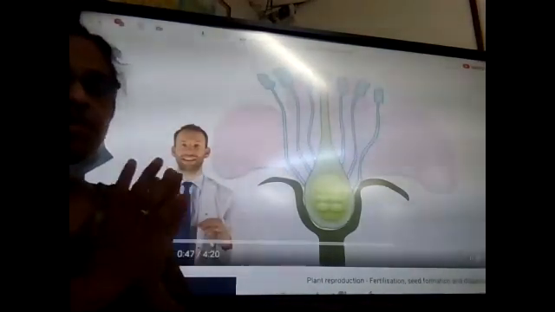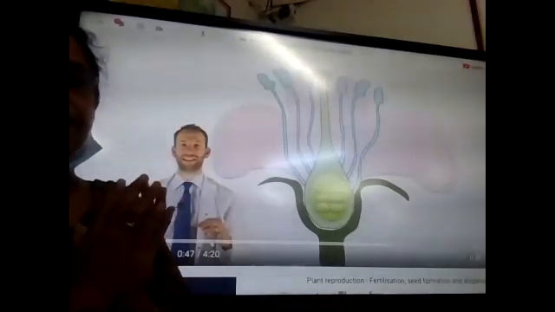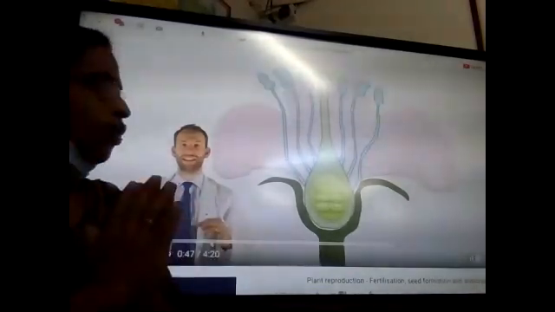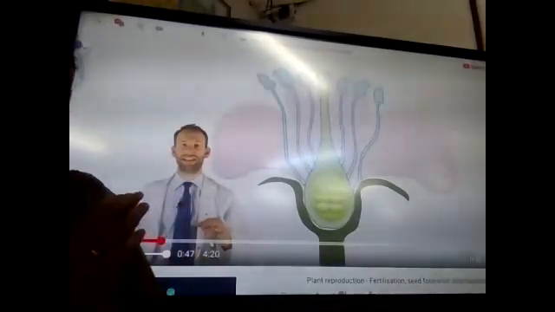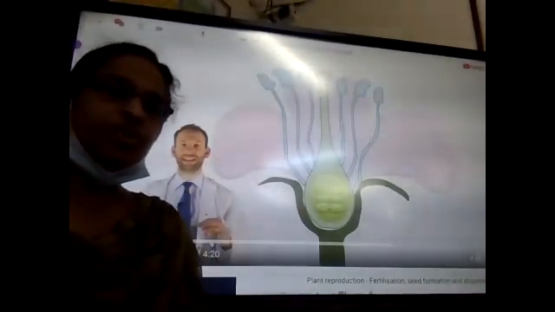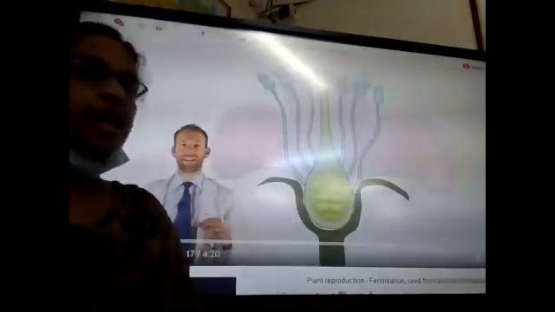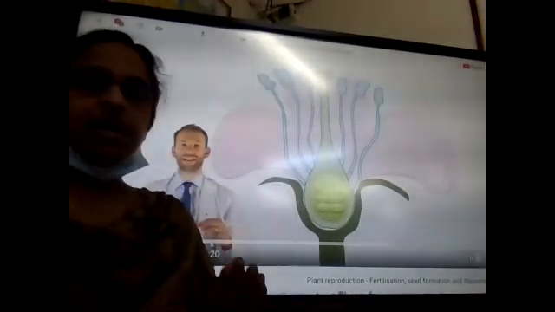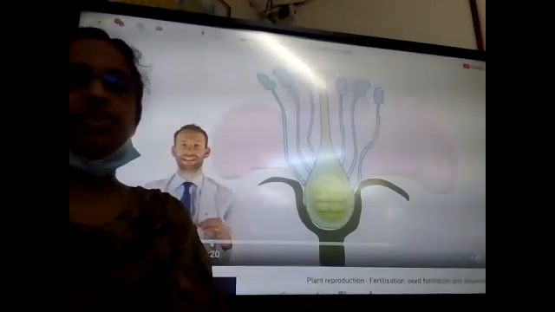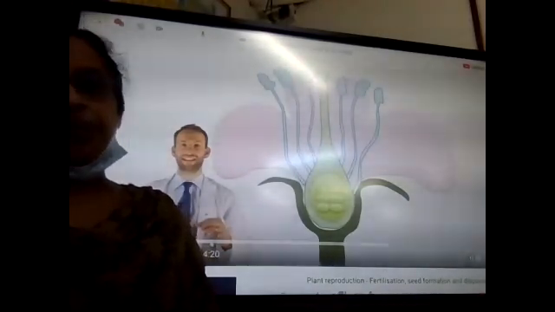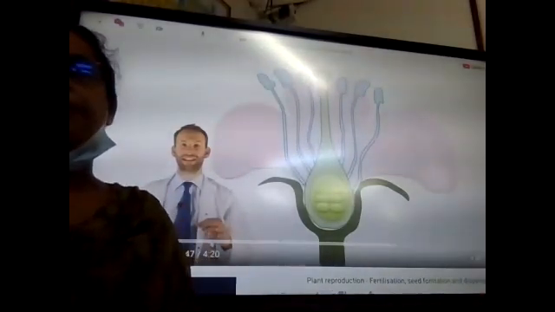Where can you see the ovules or egg? In the ovary. The anther and filament together are known as stamen, and the female part, stigma, style, ovary, together is known as carpel.